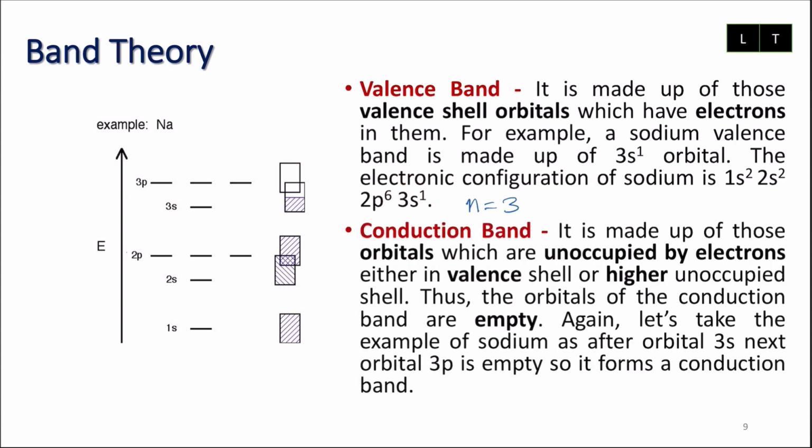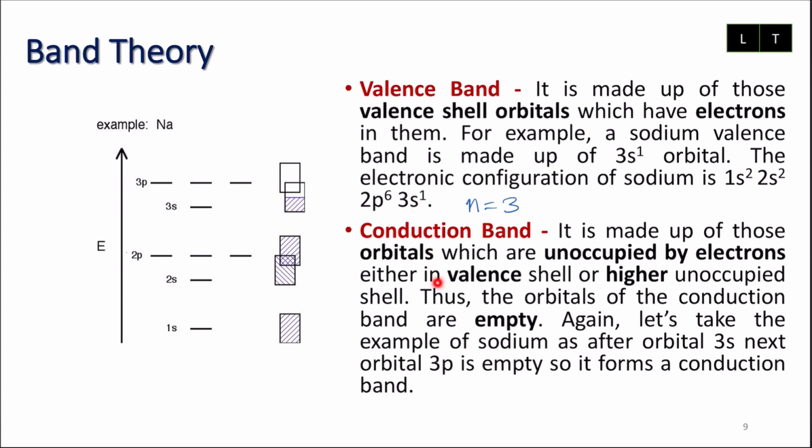Next, for conduction band it is made up of those orbitals yang tidak occupied by electrons ataupun either in valence shell ataupun higher unoccupied shell. That's why orbitals of conduction band are empty. So let's take a look again. Sekiranya awak ada 3s1 is the highest for Na, maknanya kalau saya ada n equals to 3, saya ada 3p next to 3s.